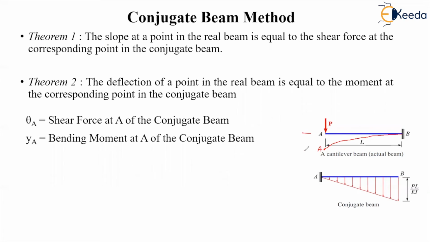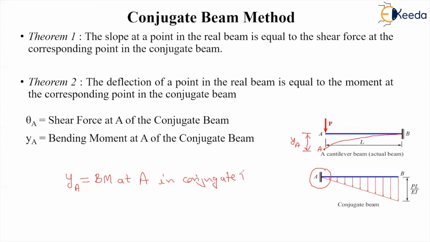So this is YA. This is the deformation in the real beam. This is the deflection, YA, right? If you want to find YA, the deflection at point A, that will be equal to the bending moment at the same point A in the conjugate beam. So that will be equal to the bending moment at A in the conjugate beam.